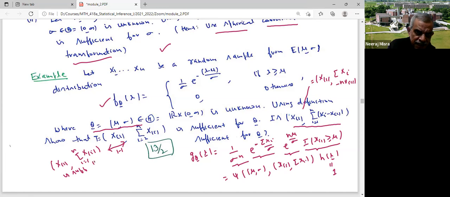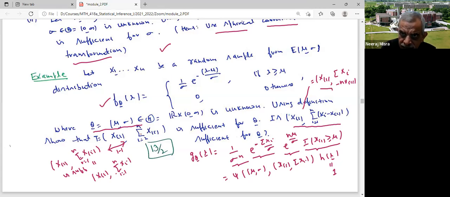Actually, this quantity is same as x1 because here all the xi's have been summed. So you can write this as summation i is equal to 1 to n. This quantity is same as this quantity. This is sufficient, so this is sufficient. They are one-to-one functions. So this is also sufficient.